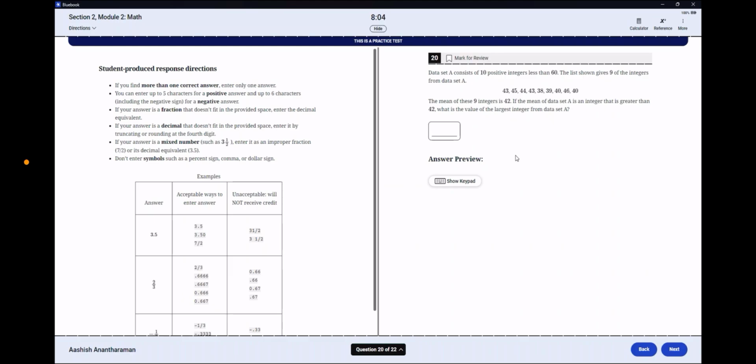The mean of these 9 integers is 42, 10 positive integers. So we have 9 integers from A, 10 positive integers less than 60.